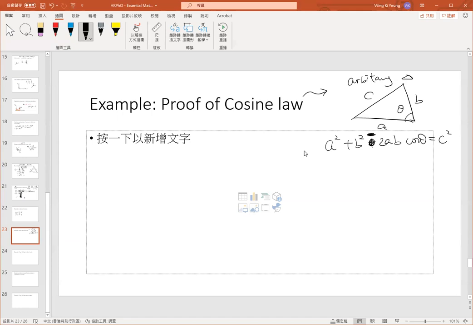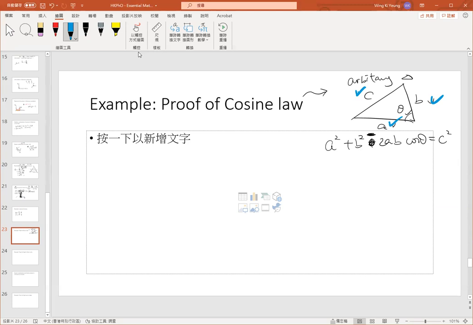It's useful if, let's say, you know two sides and the angle between them, then you can find the side opposite to this angle. Or if you have the three sides, you can find any angle in this triangle, no matter whether it's a right angle triangle or not.